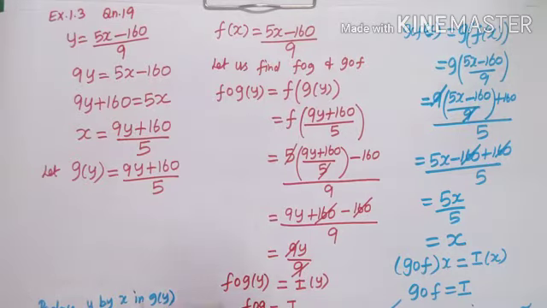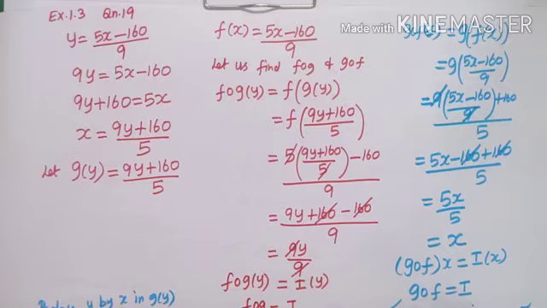So what is f inverse of x? (9x plus 160) by 5. Both are functions and both are bijections also. So let us write f and g are bijections.